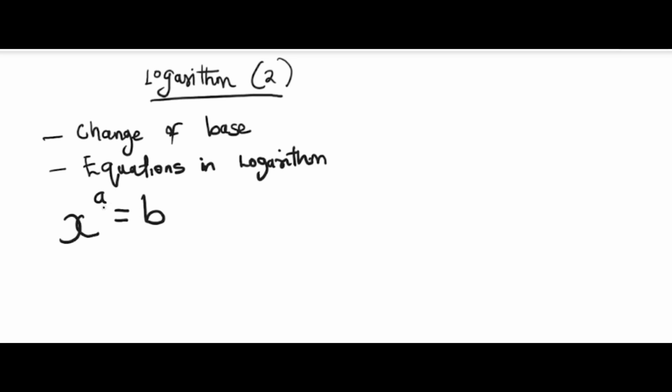Given that x is raised to the power of a to give us a value b, logarithm is asking, what must I raise x to get b? And that is a. Writing this in log form becomes the log of b, we maintain our base x, is equal to the exponent or the index, a.